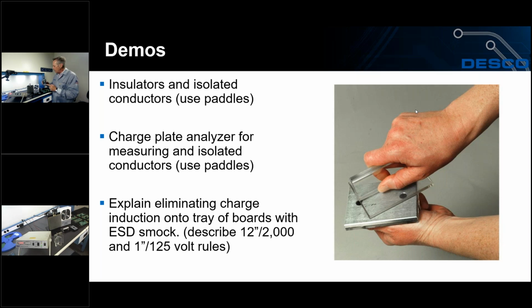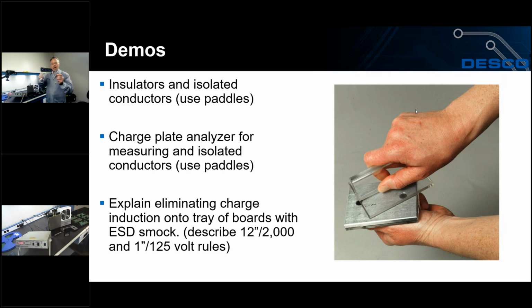So that's what a static field meter does. I also have what's called a charge plate analyzer. It still measures that same field, but it's more sophisticated in that it's obviously more accurate than the static field meter, but it also is a tool that's designed to measure ionizers or to test ionizer balance and discharge. So I'm going to be using this one quite a bit today too.